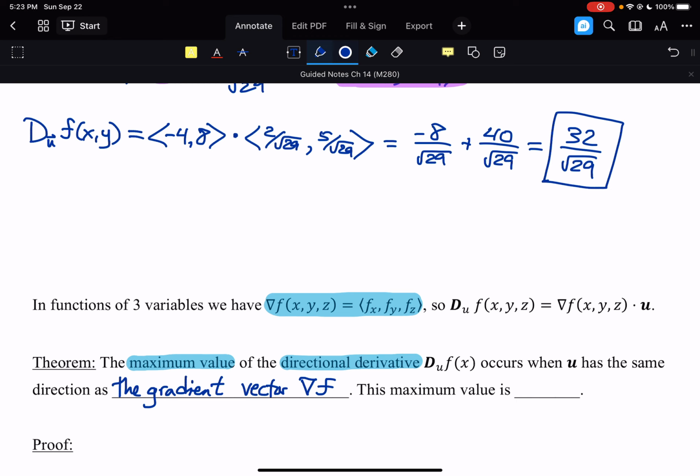So if the direction vector that we're working with points the same direction as the gradient, that is where the maximum derivative, or the maximum slope at that point, will occur in that direction. This maximum value itself is the magnitude of grad f.